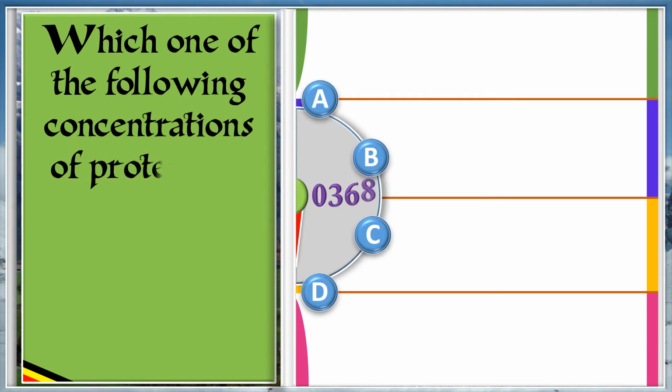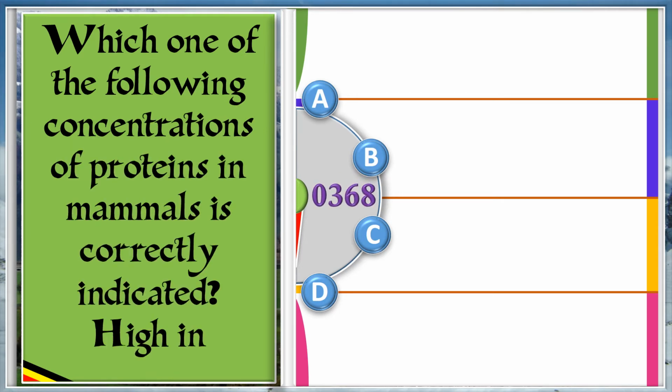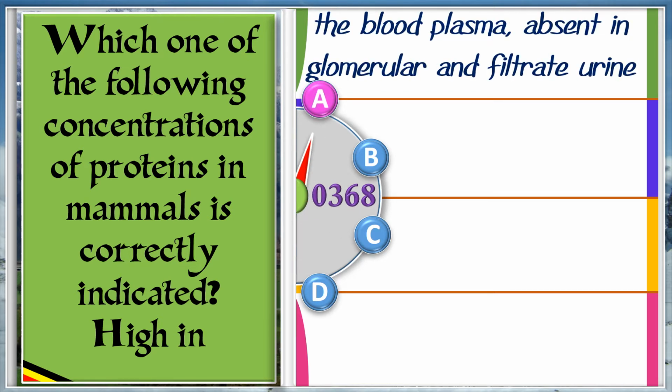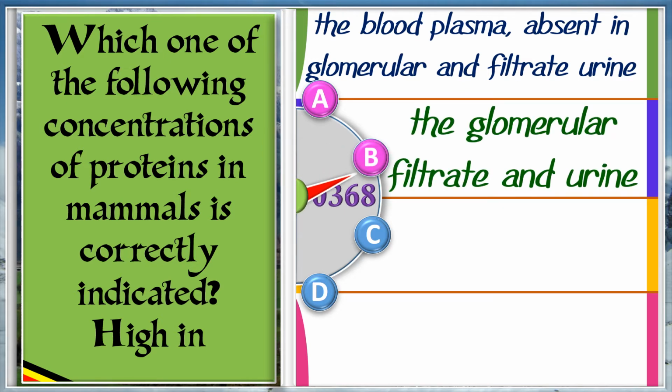Which one of the following concentrations of proteins in mammals is correctly indicated? A. High in the blood plasma, absent in glomerular filtrate and urine. B. High in the glomerular filtrate and urine.